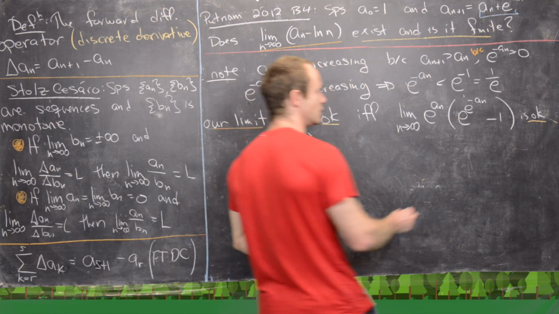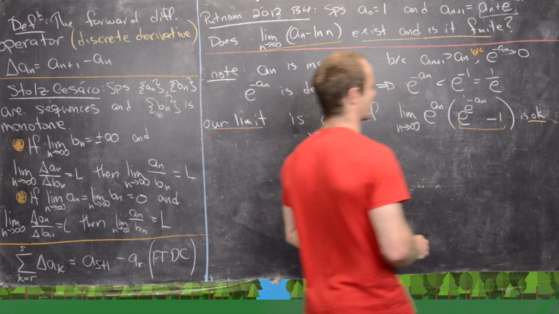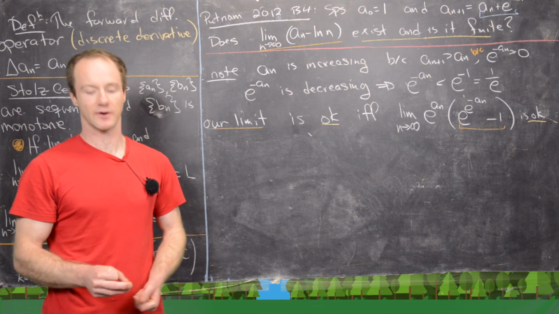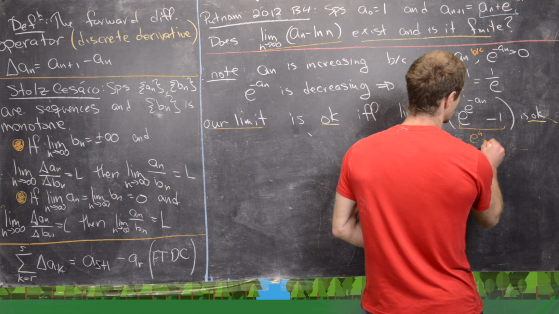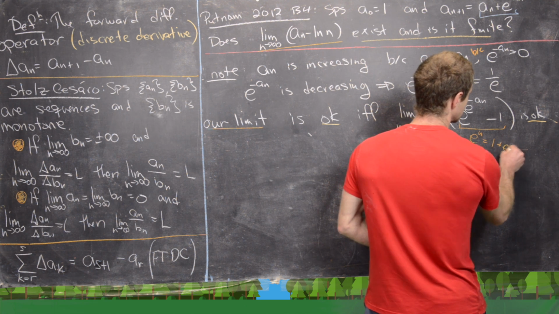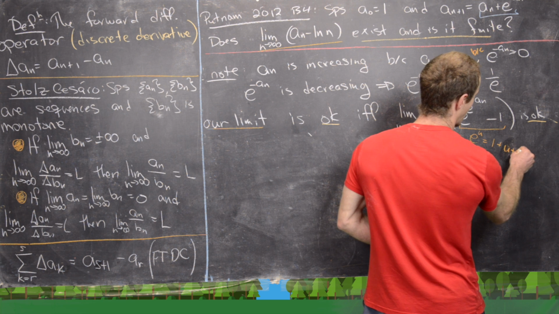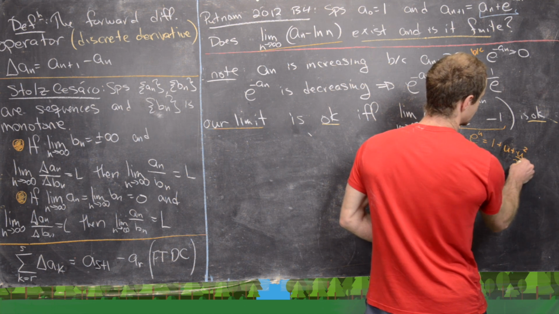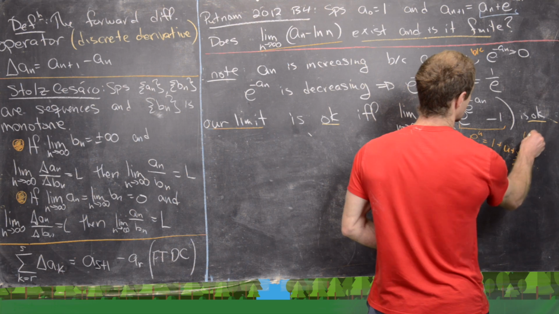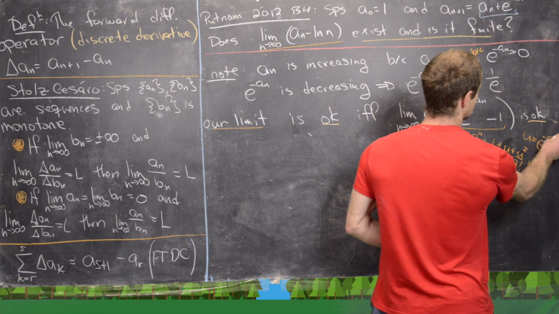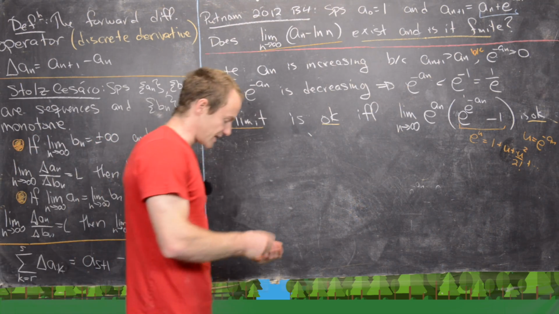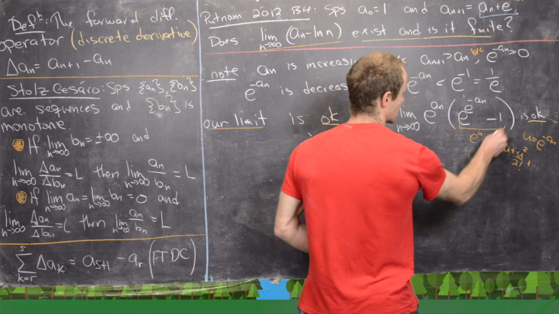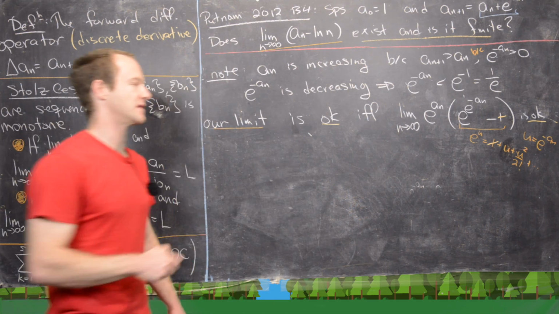All right, so let's see how we can use that to our advantage. Well, what we want to do is use a Taylor expansion of this guy right here. And so, in fact, we'll want to use the fact that e to the u equals 1 plus u plus u squared over 2 factorial plus dot dot dot, and here u is going to be e to the minus a_n. All right, great. So notice the 1 terms will cancel because we've got 1 from each.